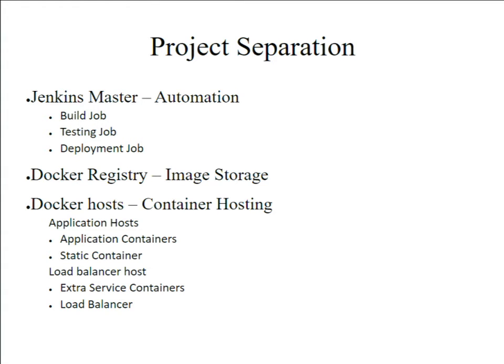I mentioned we have the staging and we have the production. On each of those, we have a build job, which is a Linux slave. When a change gets pushed to the Jenkins master, it starts a build job that builds the application. It runs some scripts and then creates some Docker images. And those Docker images get pushed to the Docker registry.